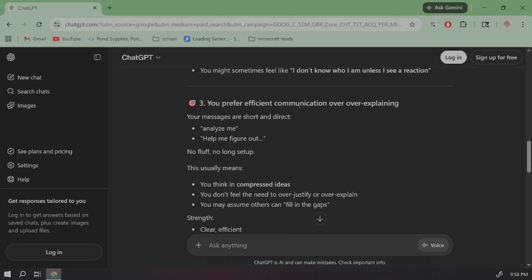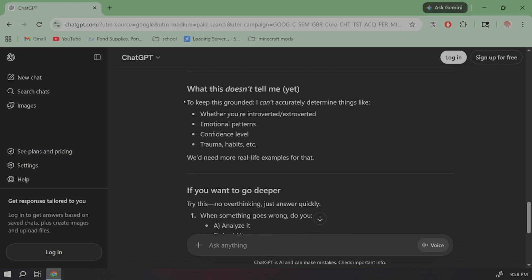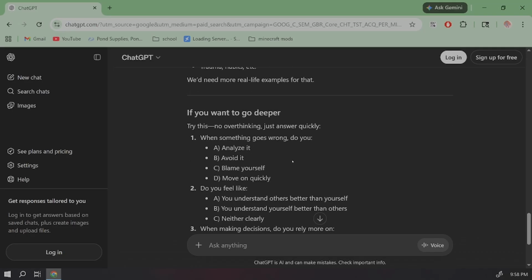You prefer efficient communication over explaining. You're comfortable with ambiguity to a point. To keep this grounded, I can't accurately determine things like whether you're introverted, extroverted, emotional patterns, confidence level, trauma, habits, etc. We'd need more real-life examples for that.